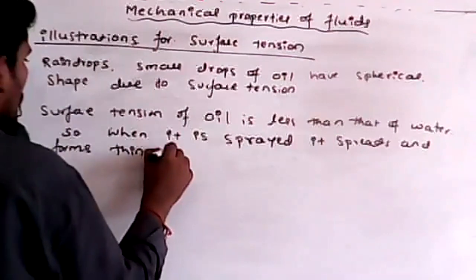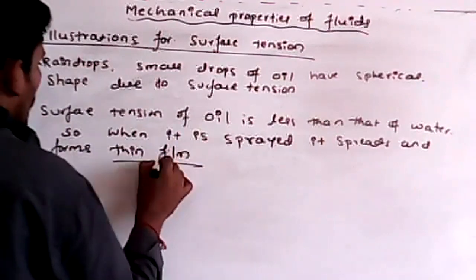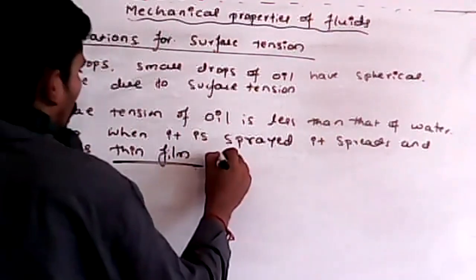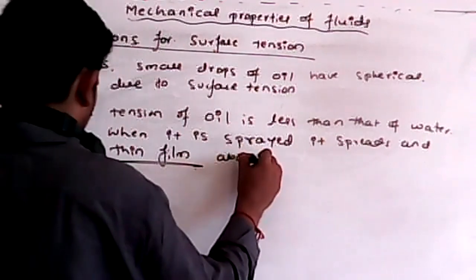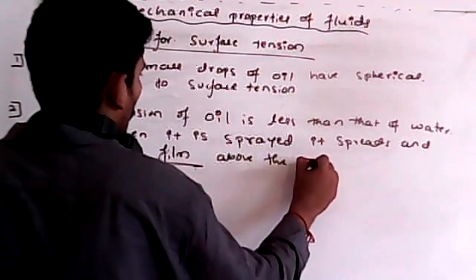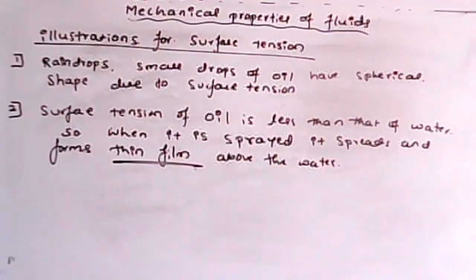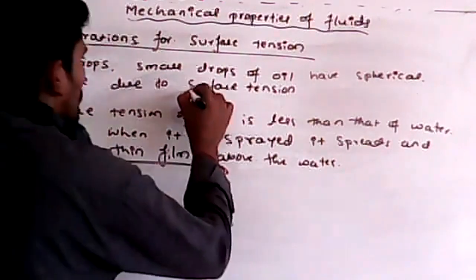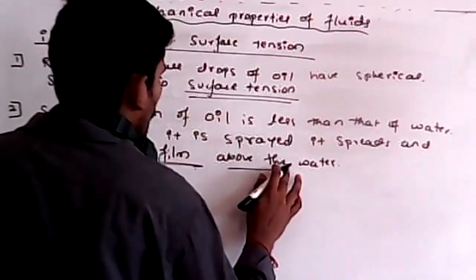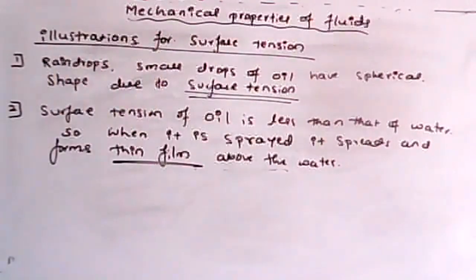This is very important. Thin film means which consists of a color pattern above the water. So these are the two good examples to understand surface tension. These two conditions all are under surface tension.